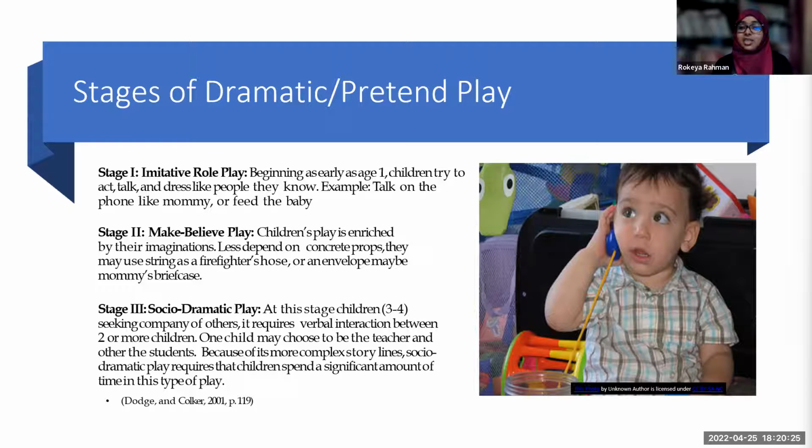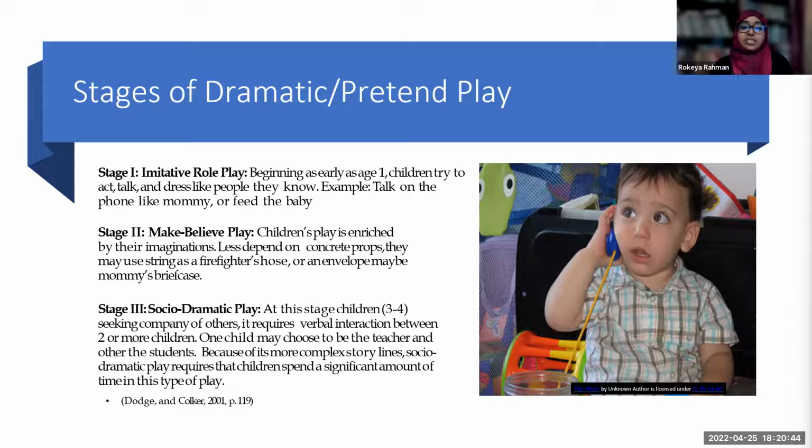The people who are actually close to them, maybe mom and dad, they imitate mom or dad, or maybe the closest caregiver. So as you see in the picture, like you see a child maybe talking on the phone like mommy. So that's basically the first stage. And in that stage, the child actually does it on his or her own.